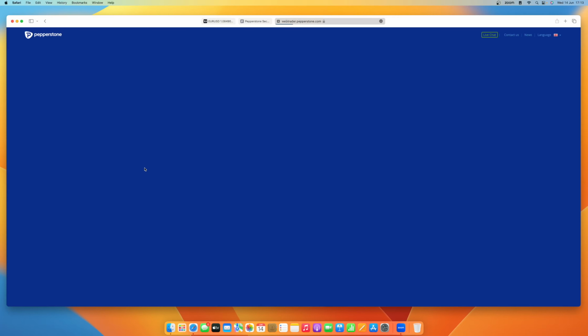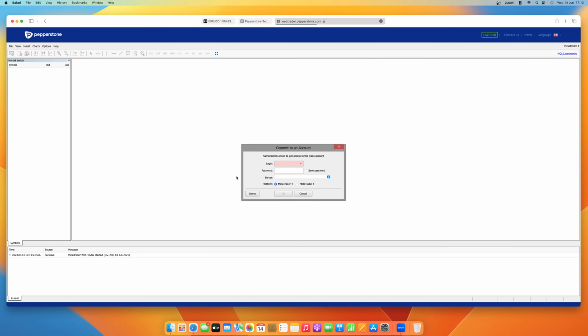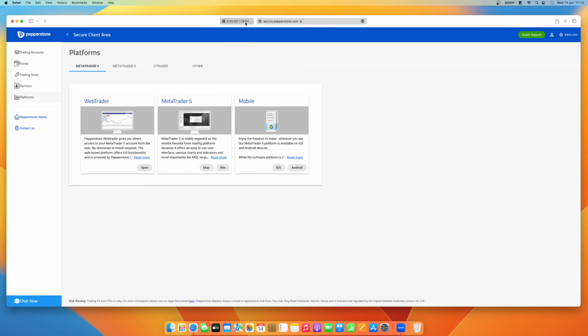It's going to open a new page, and then I'll have to input my login details, my password, and then click on the server. And once I click OK, boom, my account balance and everything is going to show on the screen, and I can trade directly from the screen here. All right, so this is one way to trade, right?